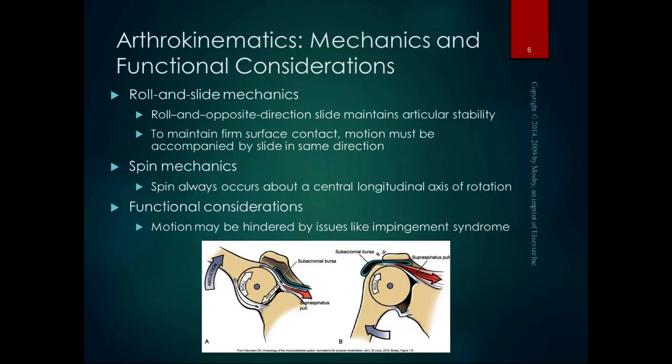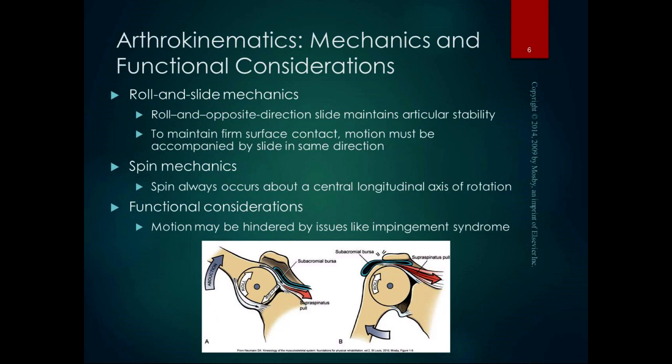Here's an example. The book likes to say functional considerations, meaning how does this work in the human body? The roll and slide in opposite directions maintains articular stability. We want to maintain a firm surface contact so the joint stays congruent. Spin always occurs around the central longitudinal axis, so stability isn't as much of an issue in spin.